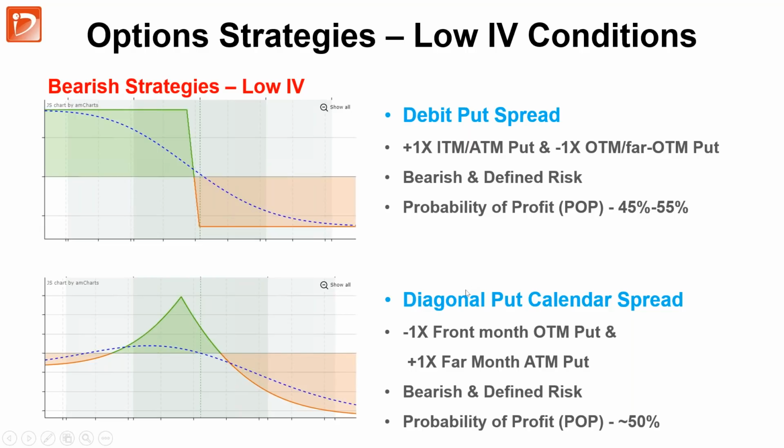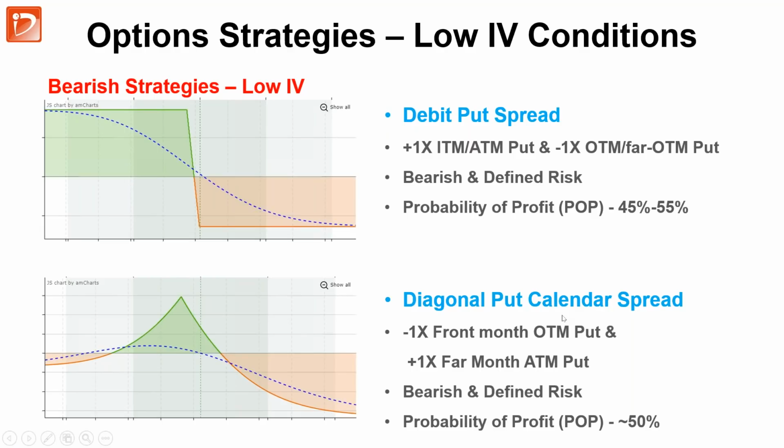Similar to the diagonal call calendar spread, you can also do a diagonal put calendar spread if you're bearish. So you short the front month out of the money put option and buy the at the money far month put option or the next month put option. This is a bearish and defined risk strategy.